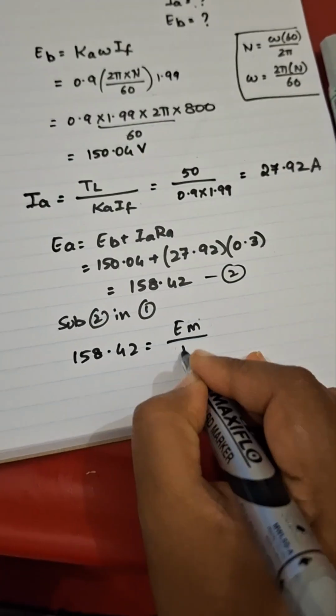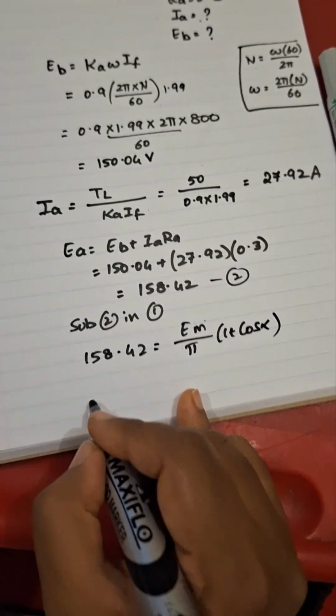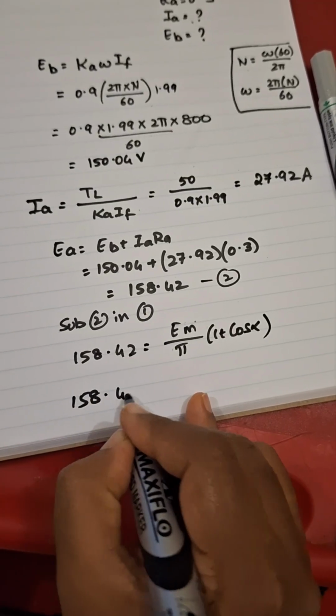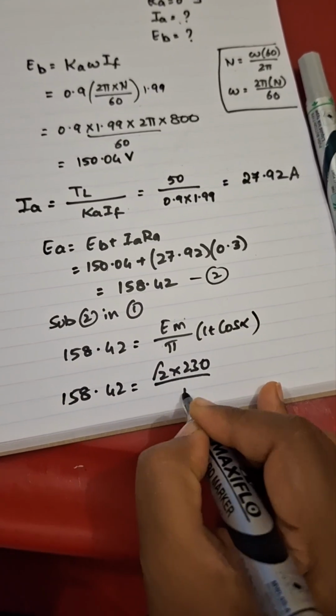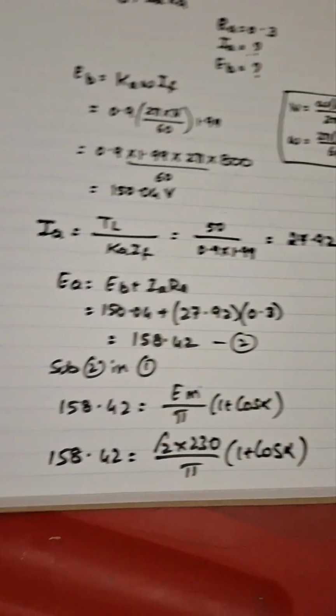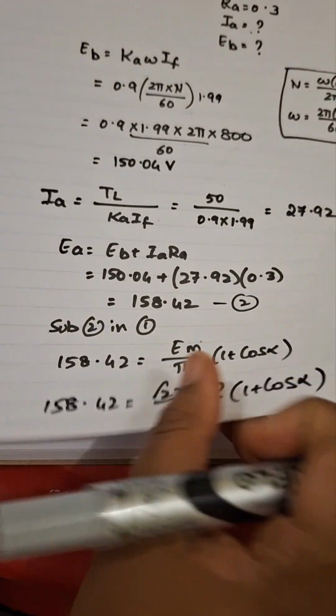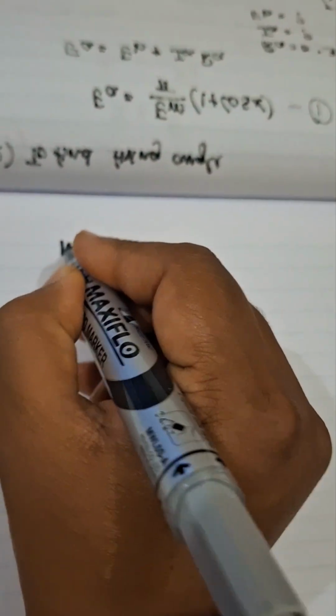EM by pi into 1 plus cos alpha. But what is EM? EM is given as root 2 times 230. So now what can we do? We can send that to the left side.